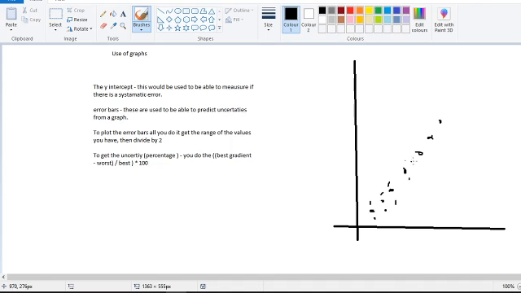You need to find the best and the worst gradient. So that would be the steepest and the shallowest. So for example here, the steepest gradient would be the one which would go right there, and the shallowest gradient would be the one which would go there, and this would be the best gradient, the one which would go through here.